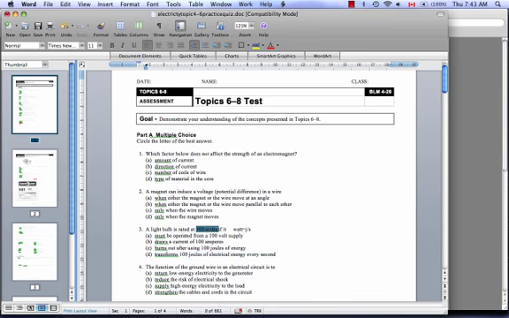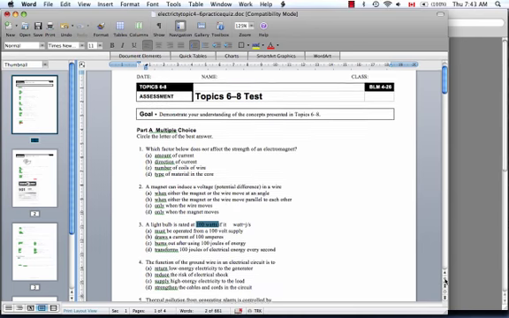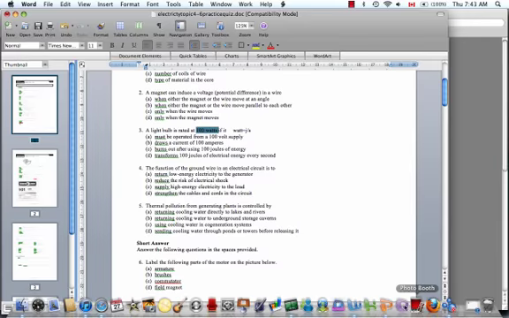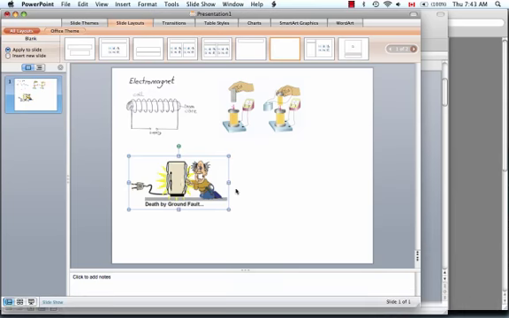What's the function of a ground wire in an electrical circuit? A ground wire. Let's go back to my pictures. So here's a little picture showing you that the plug-in here doesn't have a third prong, which would be a ground. So this guy's holding the electrical appliance, and the joke here is he's going to get shocked.